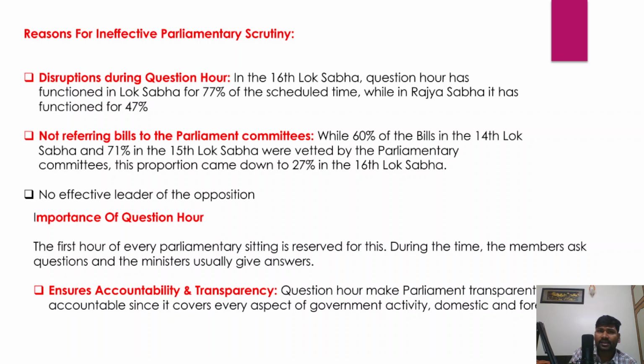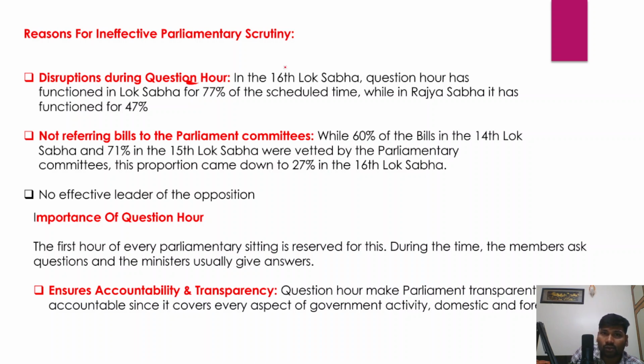However, in recent times we could see that there is ineffective parliamentary scrutiny. So we'll understand why there is ineffective parliamentary scrutiny in recent times. What are the reasons for it? We have seen disruptions and lack of decorum in the House.